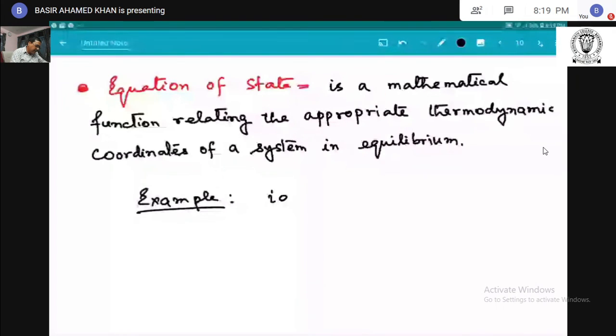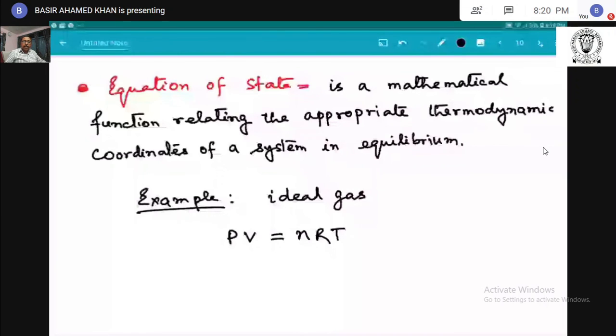The equation of state of an ideal gas: where the pressure is very low, the real gas behaves like an ideal gas, and the equation of state is PV equals nRT. R is a universal constant, n is the number of moles, and T is the temperature of the system.